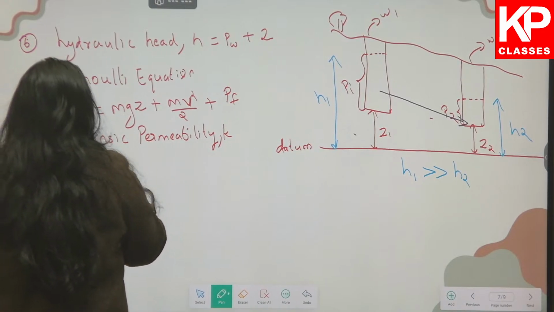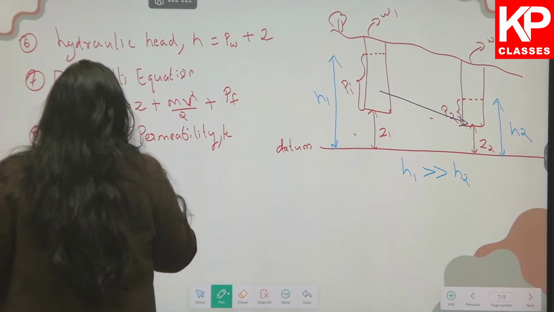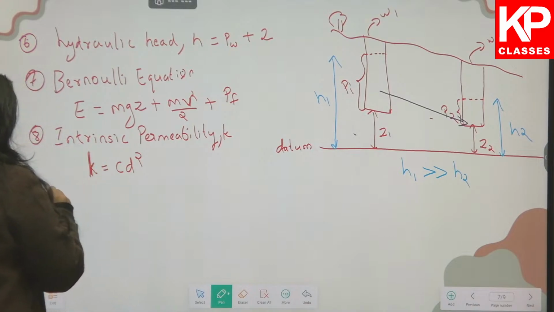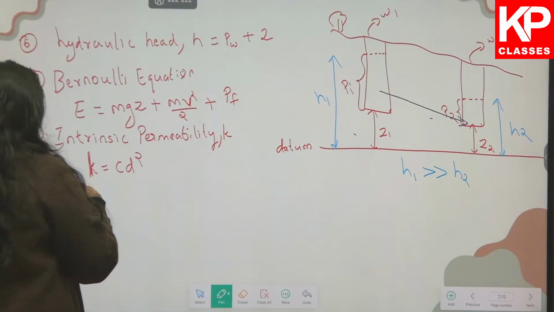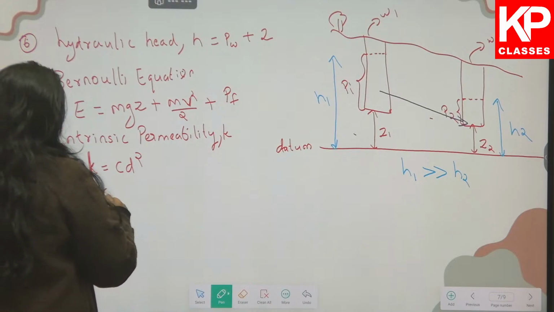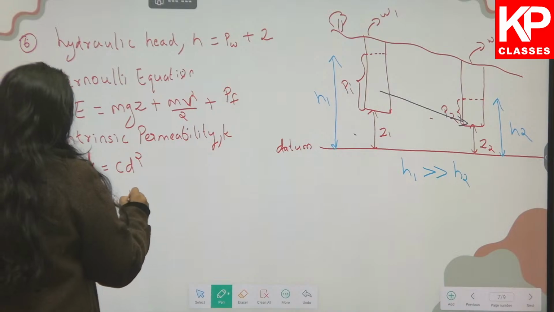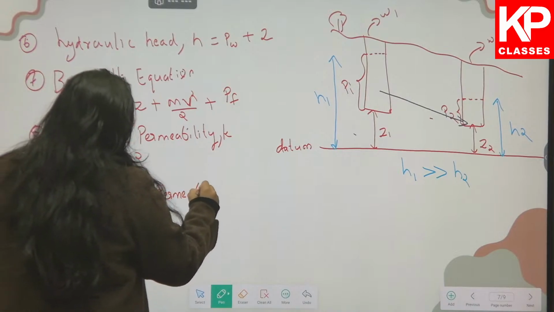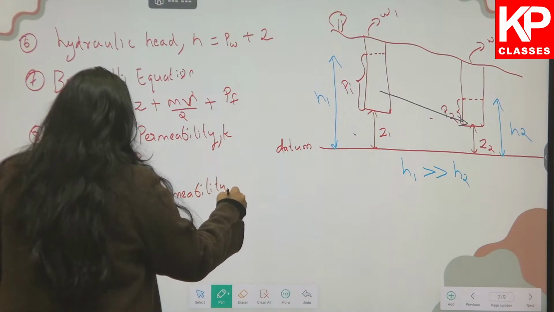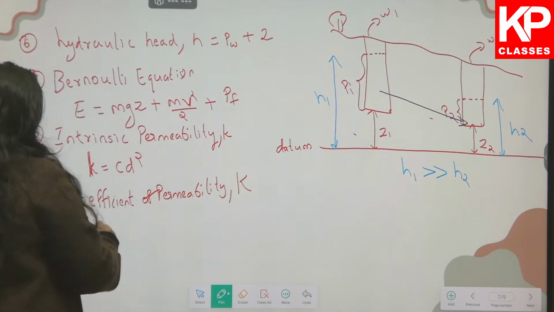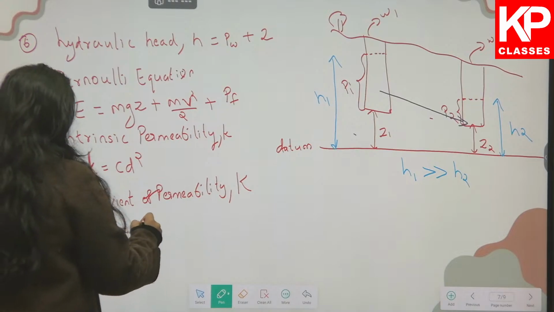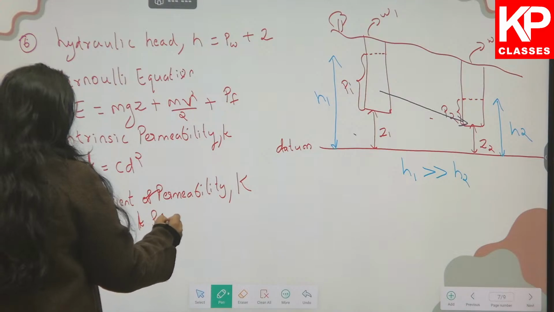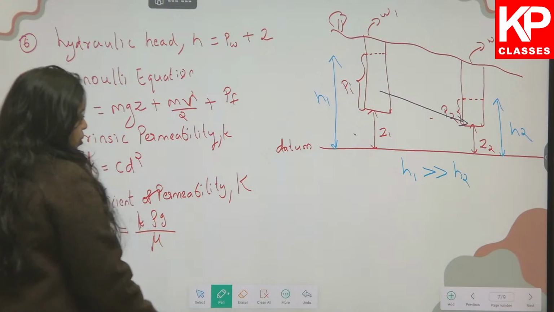The intrinsic permeability equation is k equal to C D square. Then this is intrinsic permeability. The equation that I wrote earlier was for the coefficient of permeability: K, or hydraulic conductivity K, is equal to intrinsic permeability small k into rho g divided by mu.